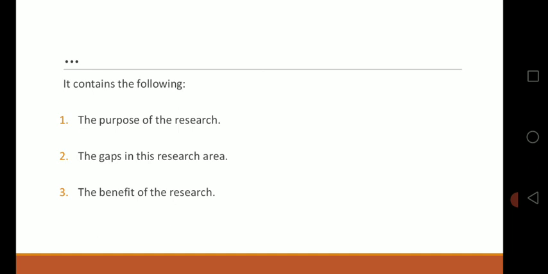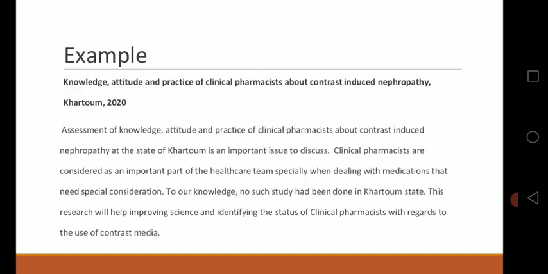Or these sentences are put in a paragraph just like this paragraph composed of these sentences and containing all the three parts of the justification. Okay.